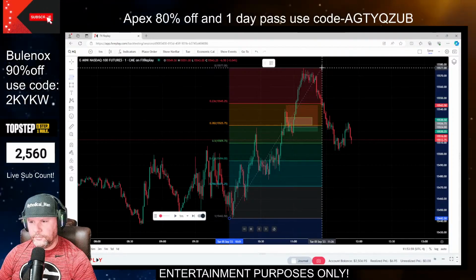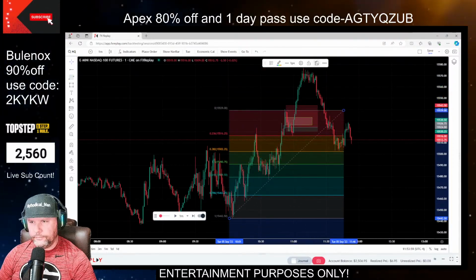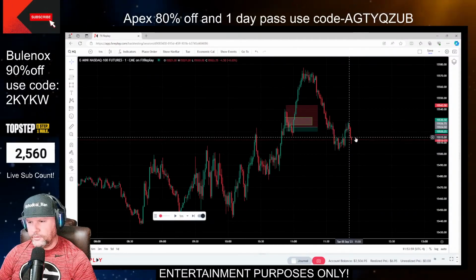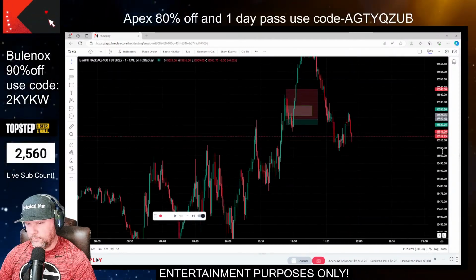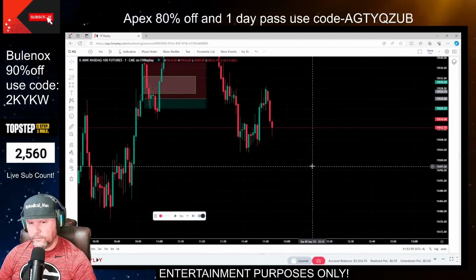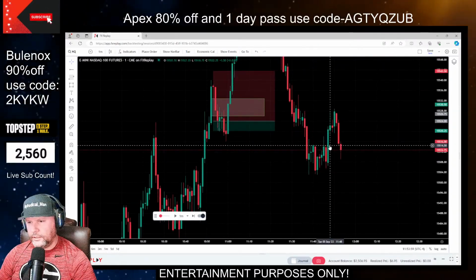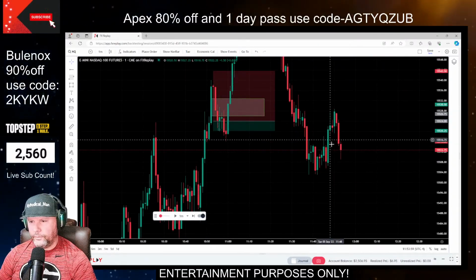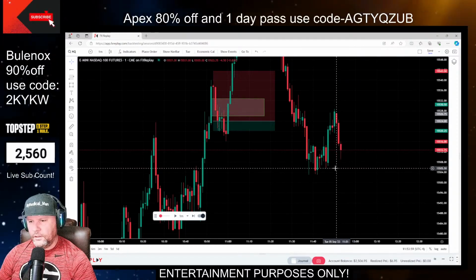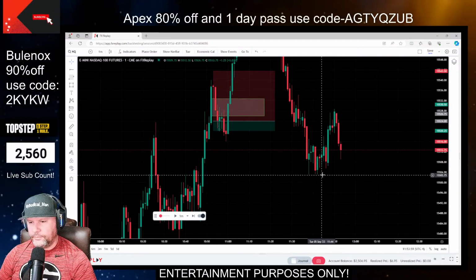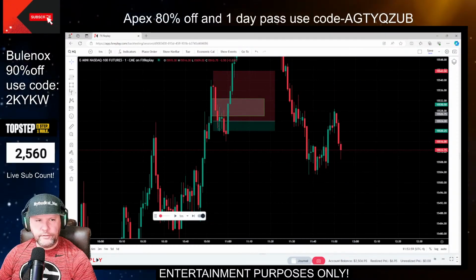I don't hate it. Wish this gap was a little bit bigger. It's not very big, right? 18 to 14. It's only 4 points. Do I think we at least hit these swings? Probably. So we'll take it for that reason.